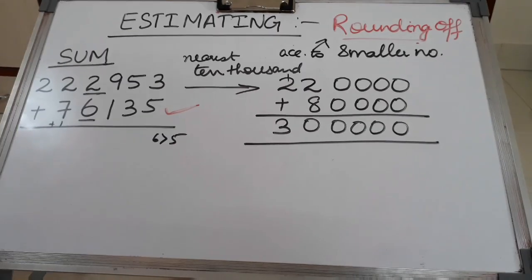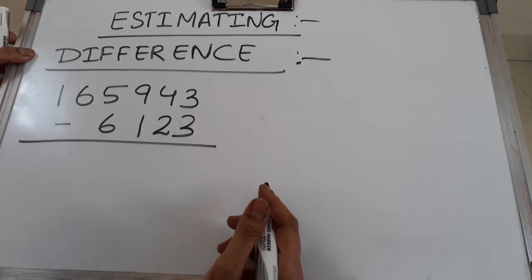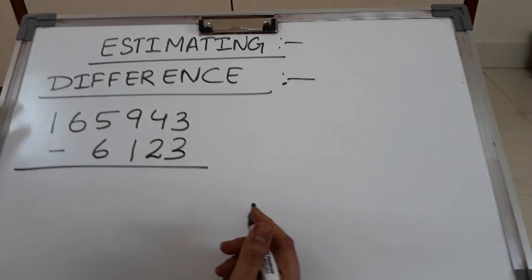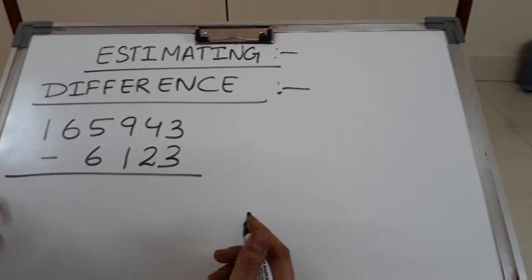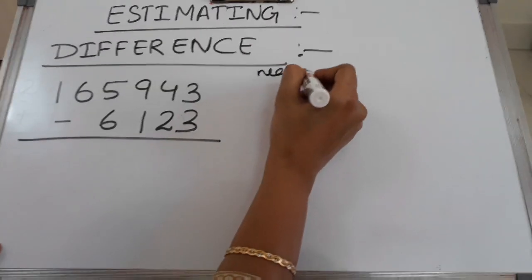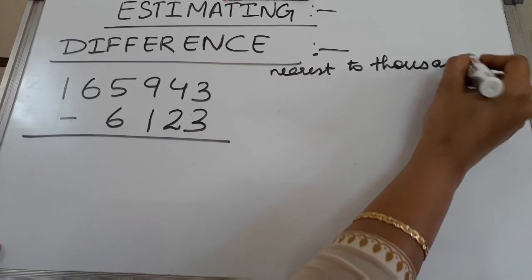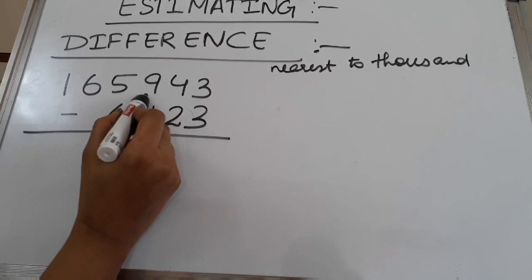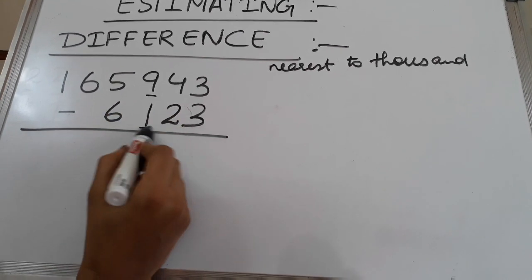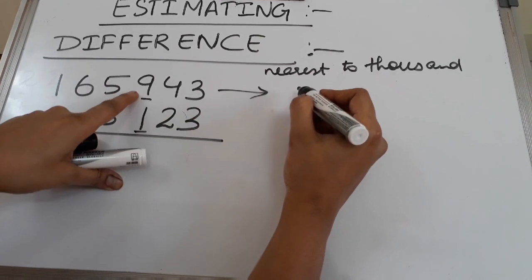Coming towards the differences. Now again we will do the difference. One more question here. We have to round off according to the smallest number. Which is the smallest number here? 6123. So we will round to the nearest 1000th place. For the nearest 1000th place, we check the 100th place value and do the rounding off. So 9 is greater than 5.